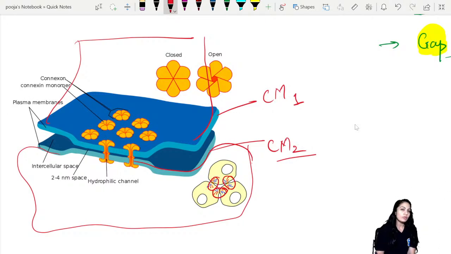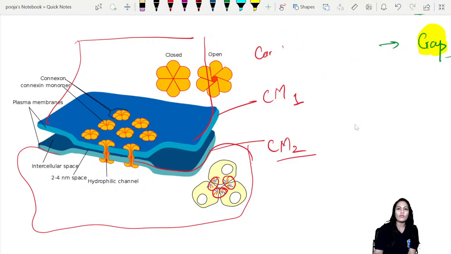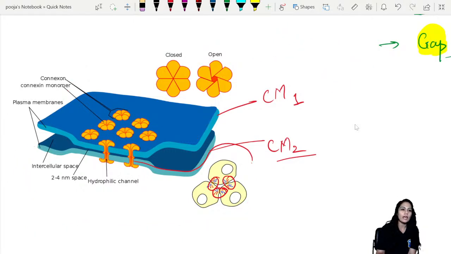I told you in the last class that these are cardiac cells, which are a specialized type of myocytes, muscle cells that have a cell membrane, and in that cell membrane we have gap junctions.